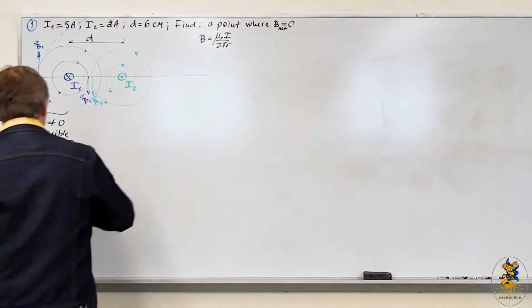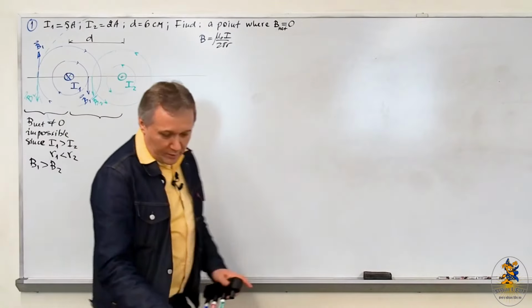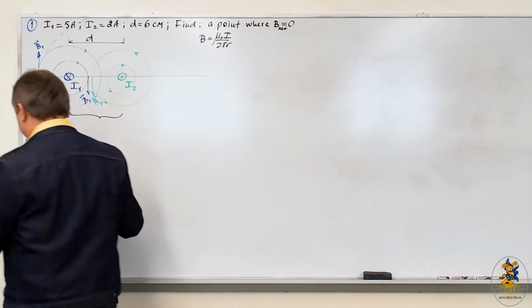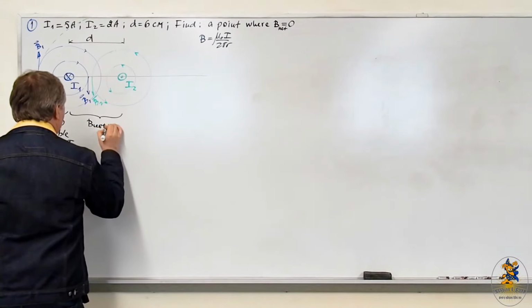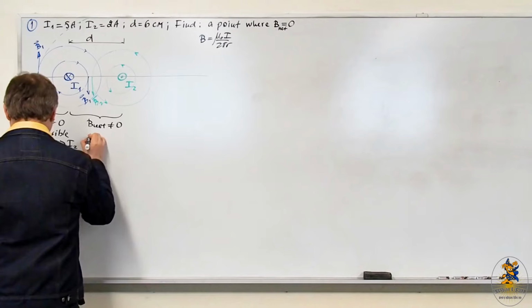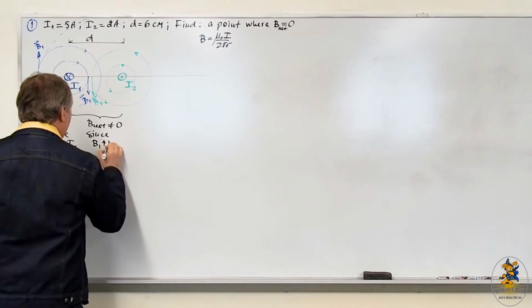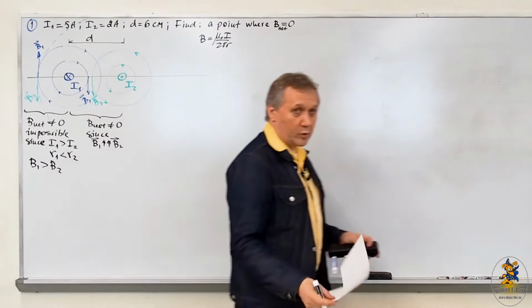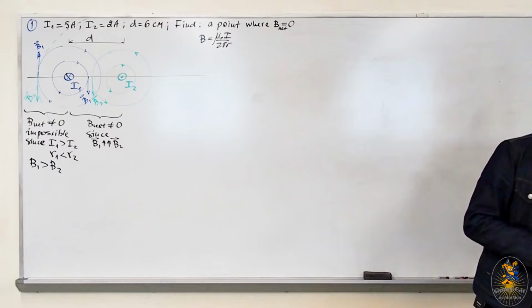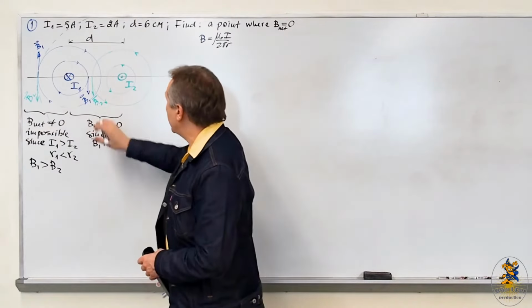Let me write that down also. For this region, B net is not equal to 0, since B1 is parallel to B2 all the time. In order to have cancellation, they must be in opposite directions. So again, impossible here, impossible there.